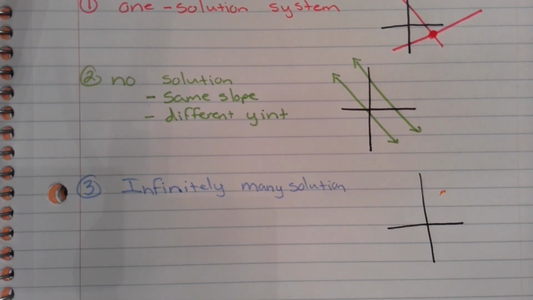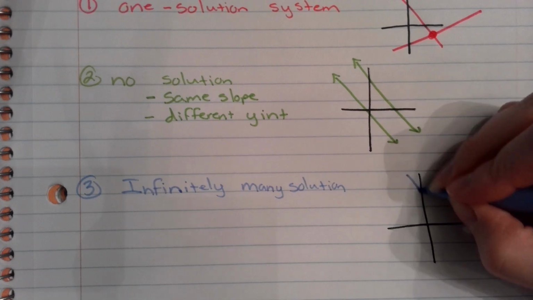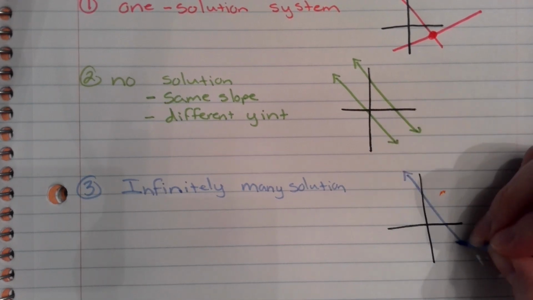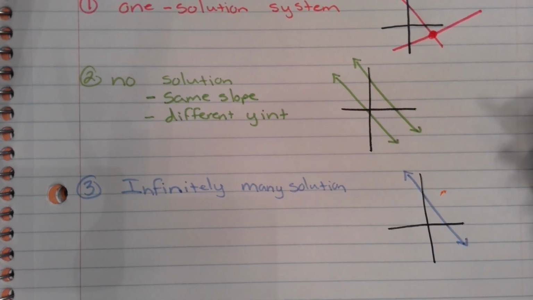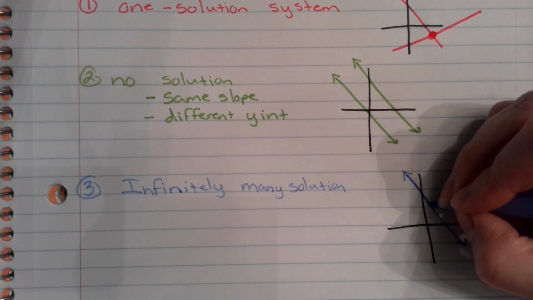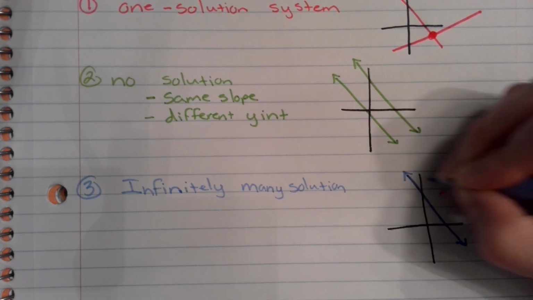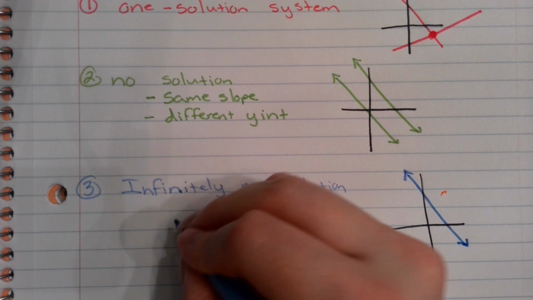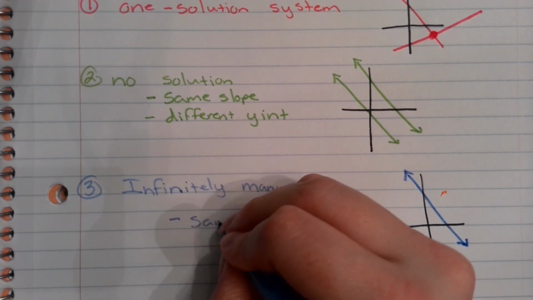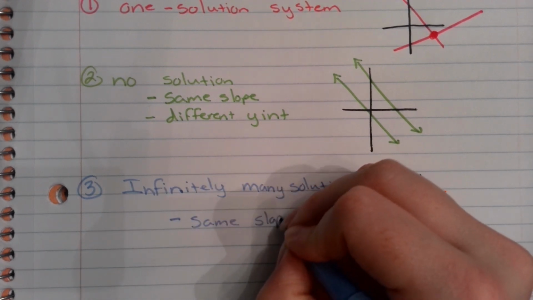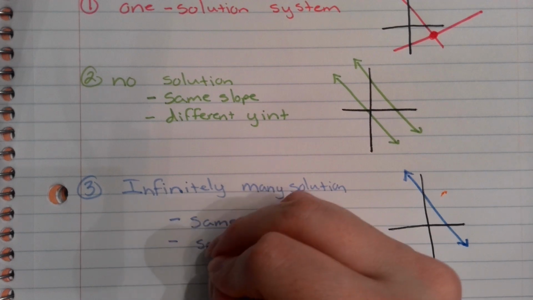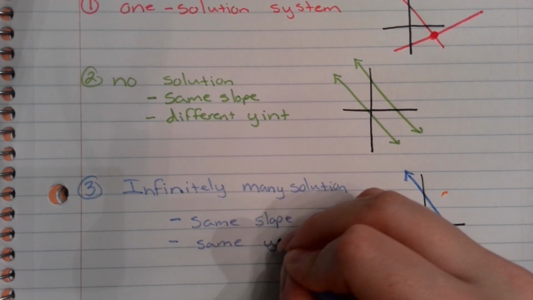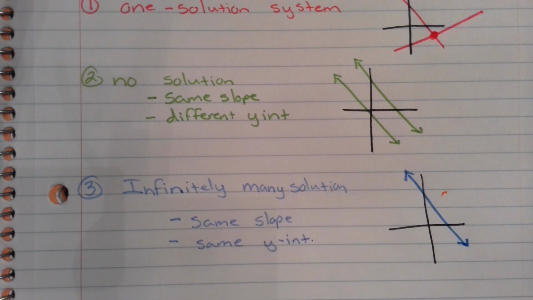I'm going to graph my system, and then I graph my next line, and they happen to be the exact same line. So they overlap everywhere. That means not only do they have the same slope, but now they also have the same y-intercept. So that information is very, very important.